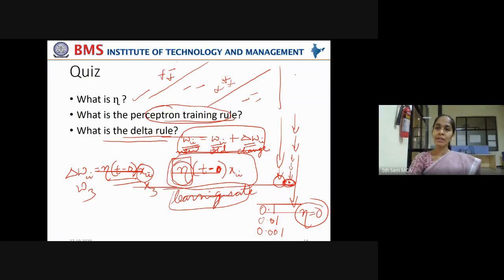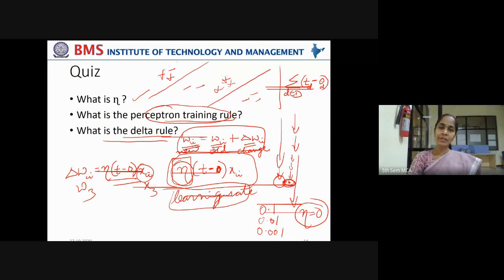So what is the rule here? Sigma, you take every training example that belongs to the training example set D. What do you do here? You take the square of the prediction error, the difference between the target value for the training example d and the predicted value.